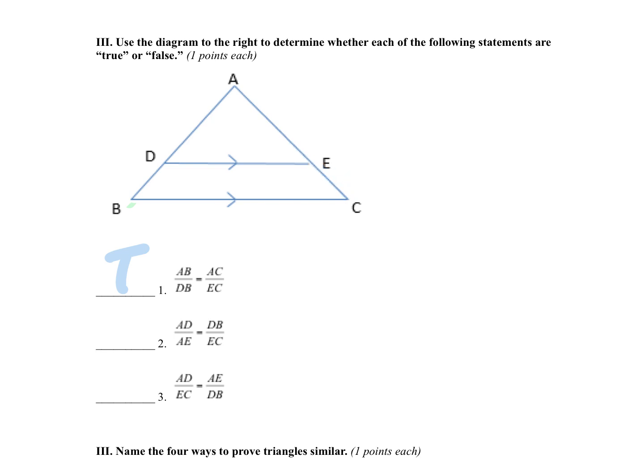So the next one is AD over AE. So top left over top right. And then DB goes over EC.